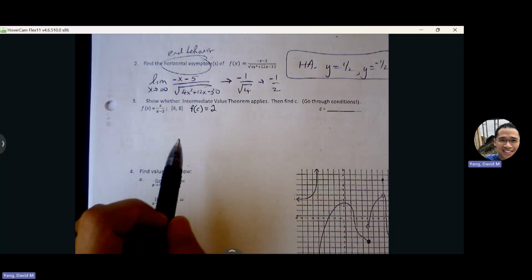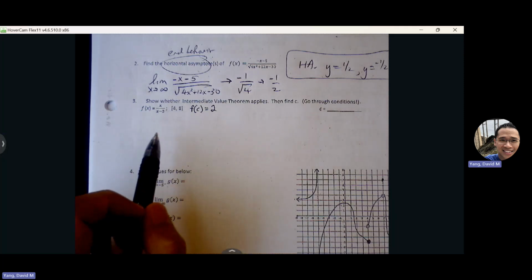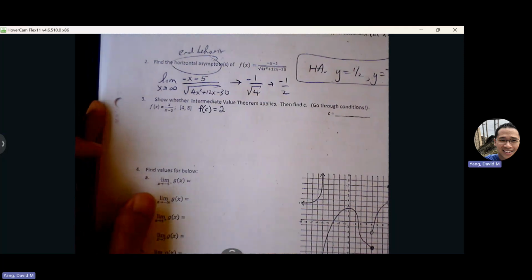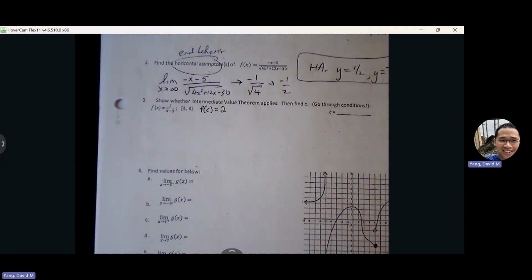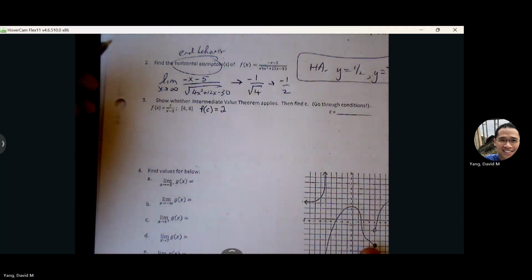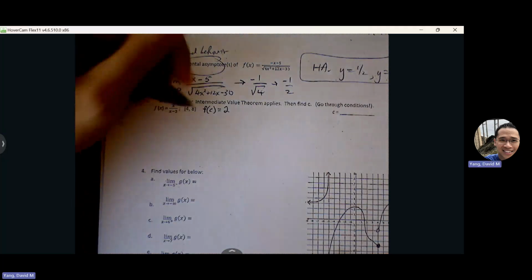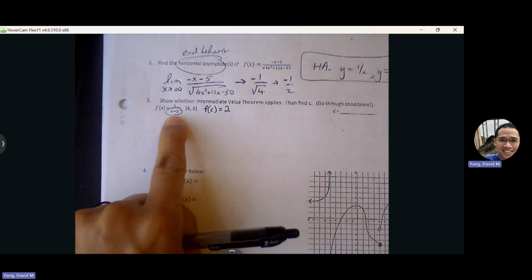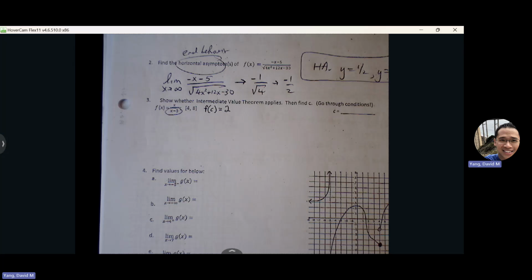Is there a red flag with this function? What do we have to consider before we just write, oh, the function is continuous? There is a denominator variable, so there is potentially a discontinuity. We don't have to worry about whether it's an asymptote or a hole, because it's going to be in the same place. Look in the denominator and see if it's going to interfere with the interval.